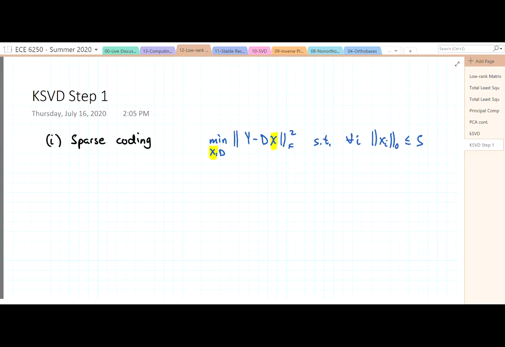We will essentially do a loop. Find each vector x of i.